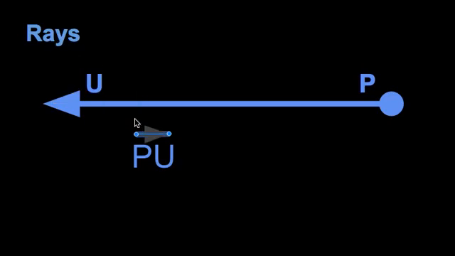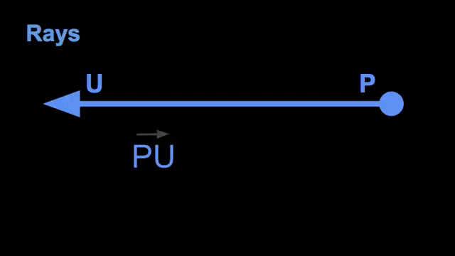Even though the ray physically is going from right to left, notice that when I did the notation, I did the endpoint first, P, that's where it's starting, and it's going to U. So that's where the arrow ends up.